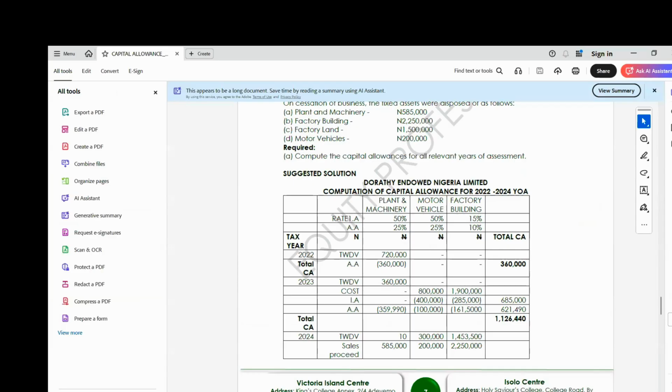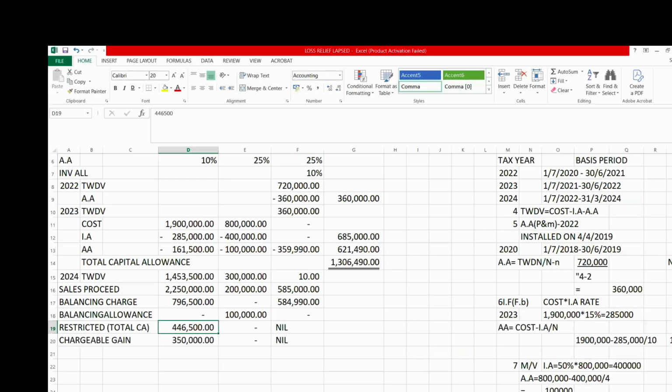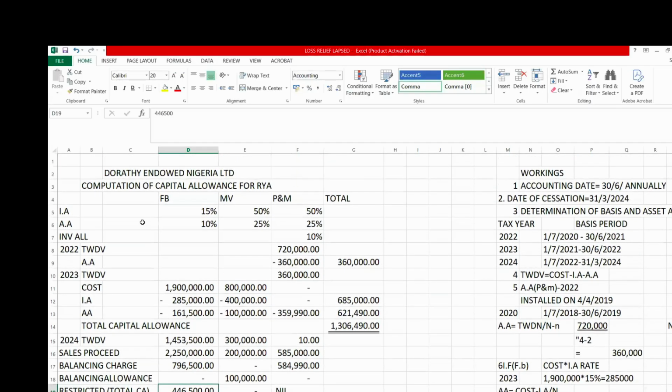Let me look at the rate of the annual allowance from here. For plant and machinery, the rate of annual allowance is 25%. That means I'm supposed to be claiming 25% every year, and I'm going to claim 100%.